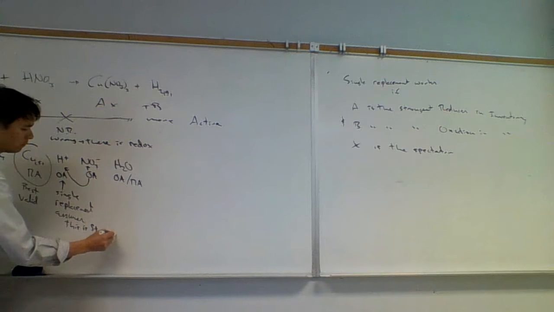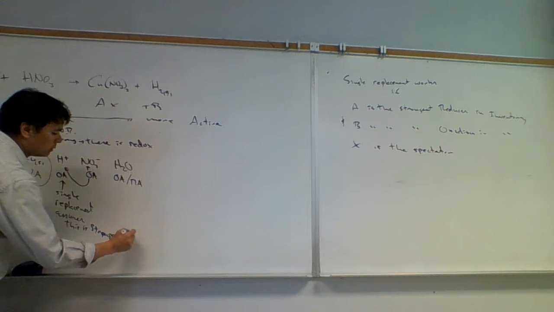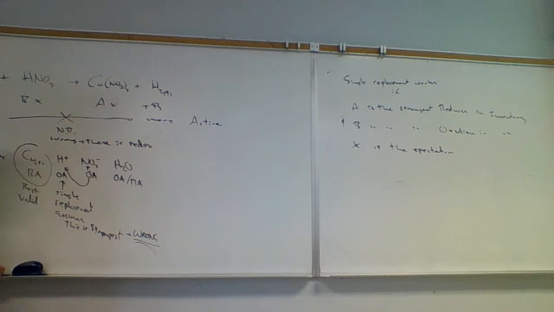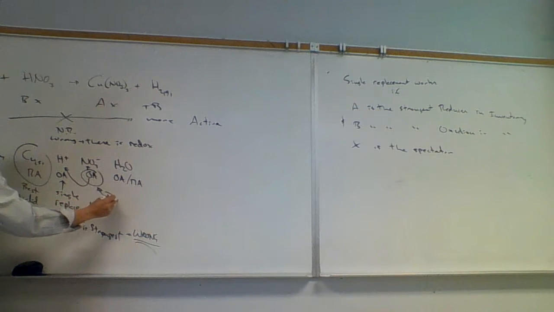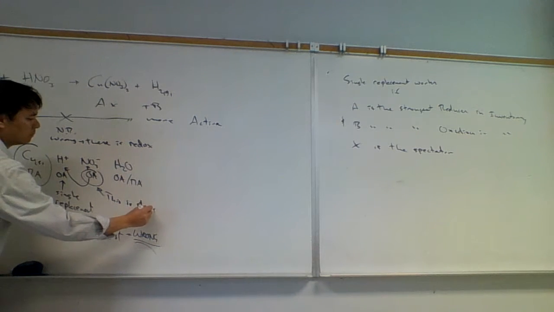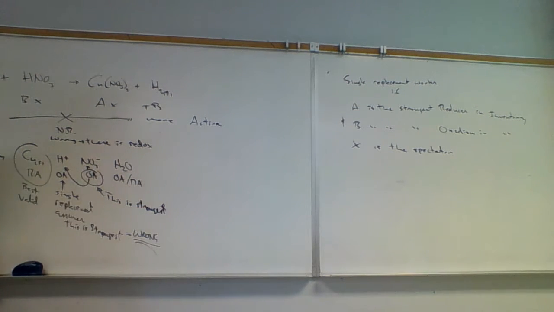That's wrong. It turns out that this is the strongest. So what that means is, of course, we're going to get the wrong answer if we use the single replacement form for this.